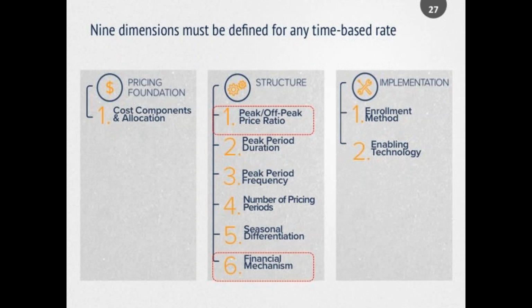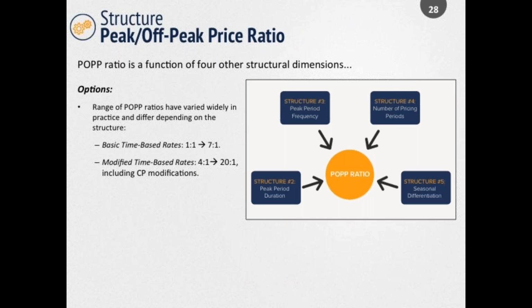Out of all the 9 dimensions that are studied in the report, we will discuss a couple of more interesting choices today, the peak to off-peak price ratio and the financial mechanism. Now, the peak to off-peak price ratio is possibly one of the most significant design choices in this framework, especially because of the significant impact that has on peak reduction.